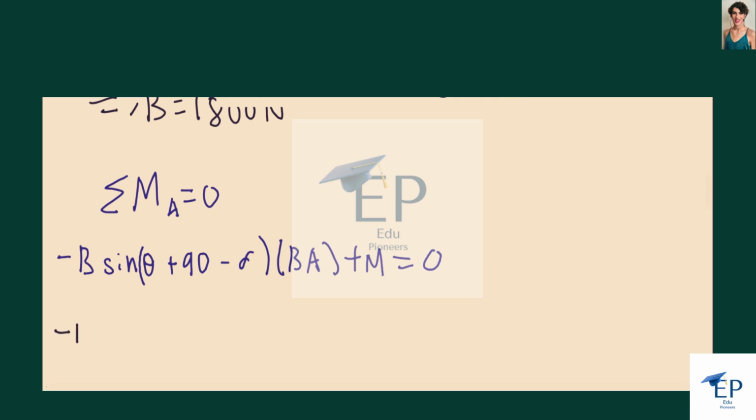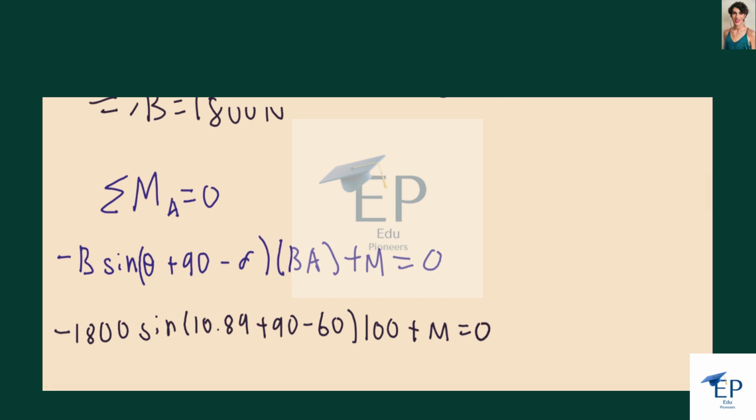After plugging in, we get negative 1800 times the sine of angle theta plus 90 minus angle alpha times BA plus M is equal to 0.